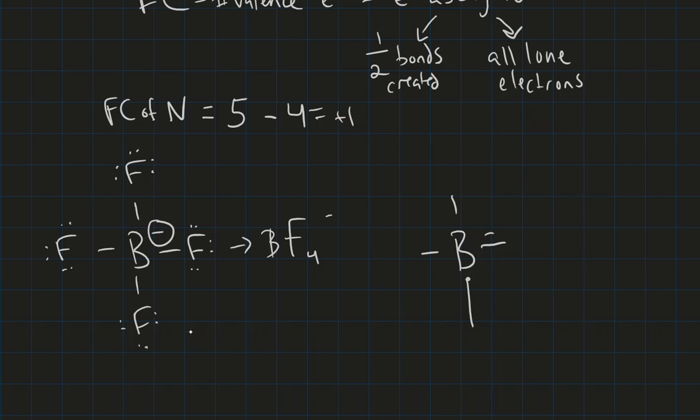And we can see this when we do our formal charge of boron here. So it's equal to the number of valence electrons boron normally has, which is 3, minus how many electrons it's responsible for. We can see that's 1, 2, 3, 4, because we only take half of those bonds. So when we do 3 minus 4, simple math, we have -1. And that's why this boron here has a negative charge.